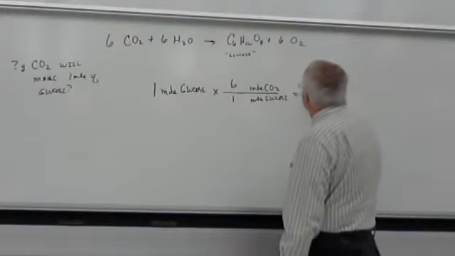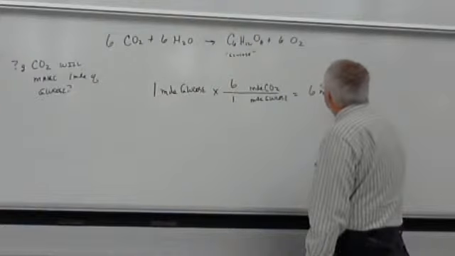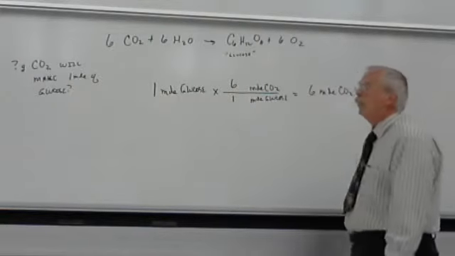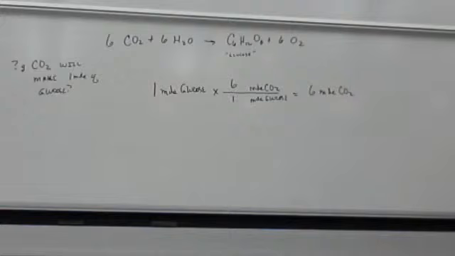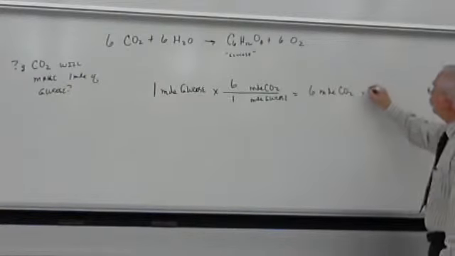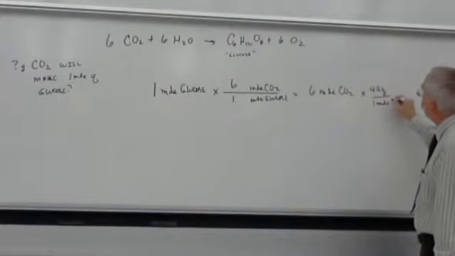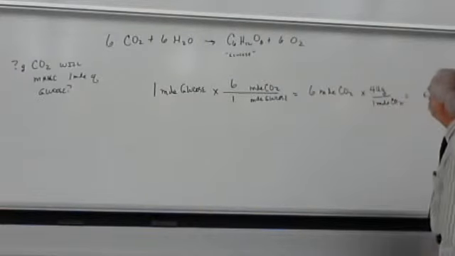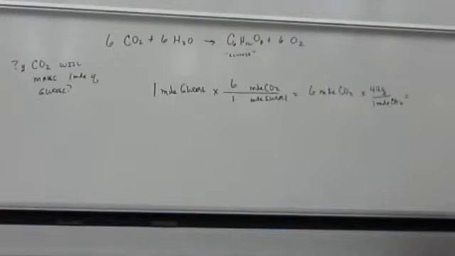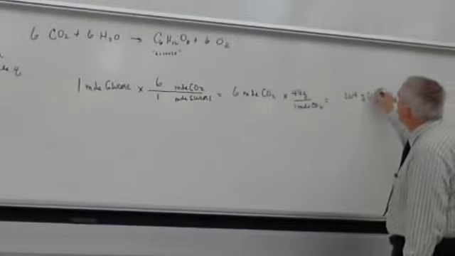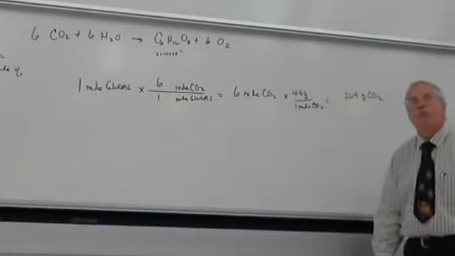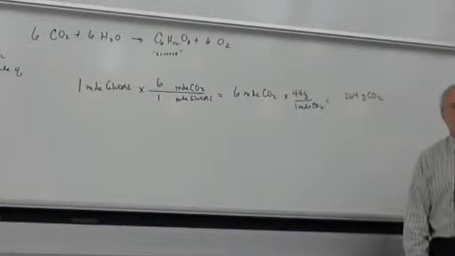So that tells me that I must have used 6 moles of carbon dioxide. Can I change that to grams? There are 44 grams in 1 mole of carbon dioxide. So 6 times 44 is 264 grams of carbon dioxide.